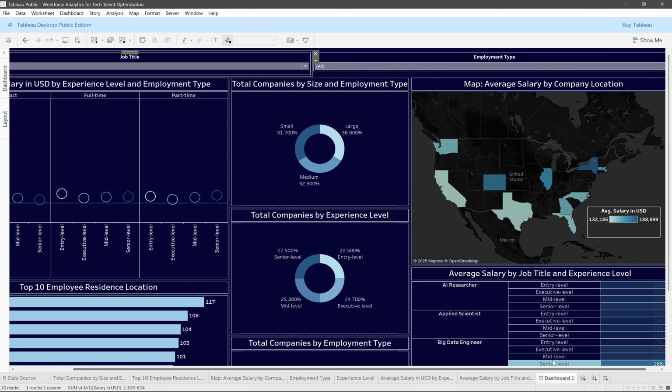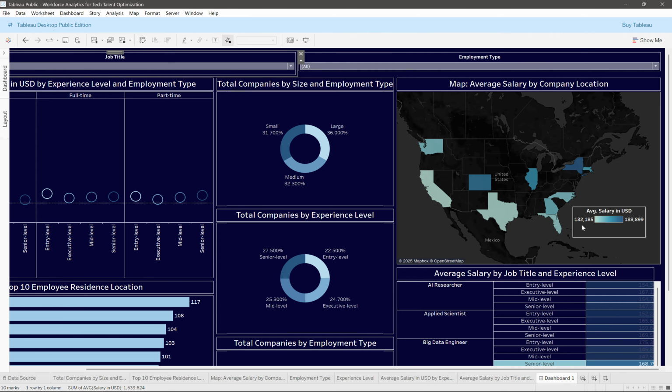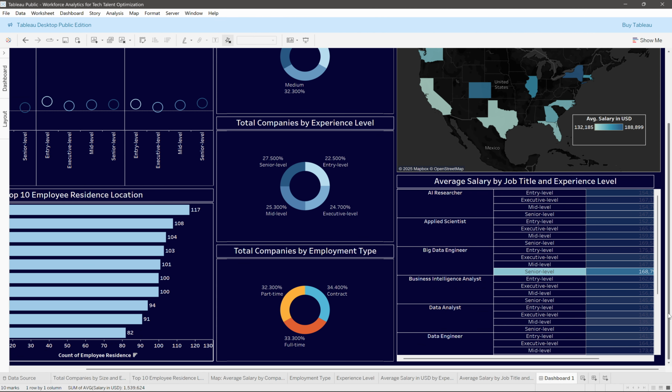This is the chart of average salary for data scientists all over the United States, where New York is the highest at 188,000. If we consider big data engineer in the data, senior level is 168K. Total companies by employment type, we have 33% full-time data scientist engineers, 34% contract, and 32% part-time.